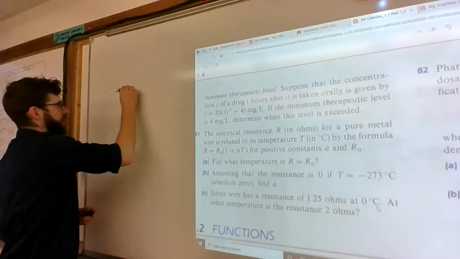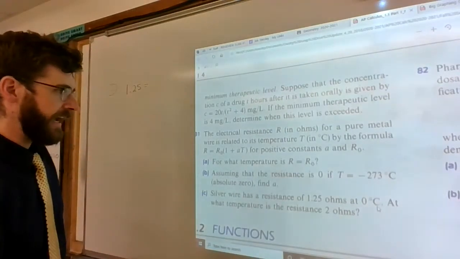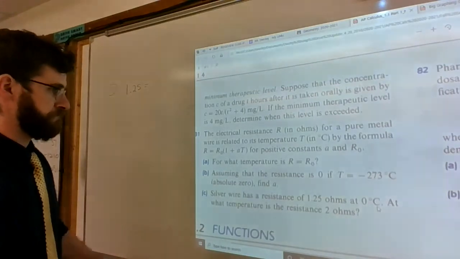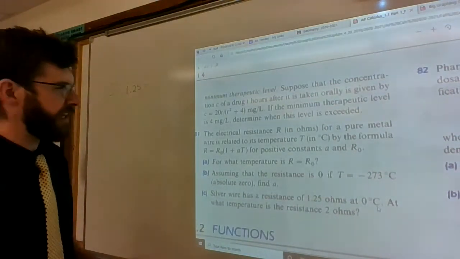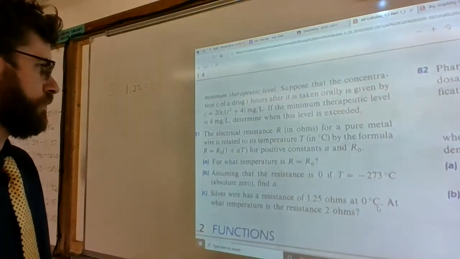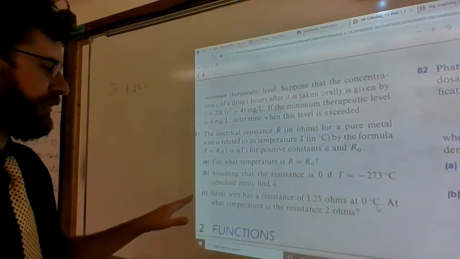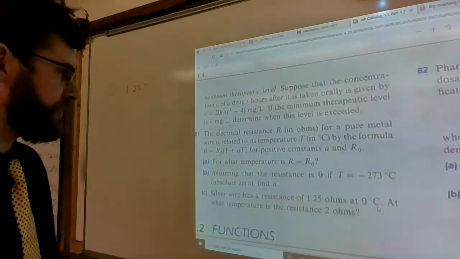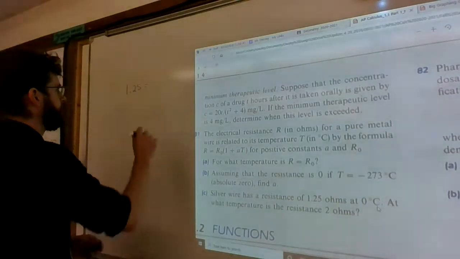So 1.25 is my R at 0 degrees Celsius. I don't think they're telling us... All right, let's just keep that as is. At what temperature is the resistance 2 ohms? Oh, okay, so here's what I think's going on.